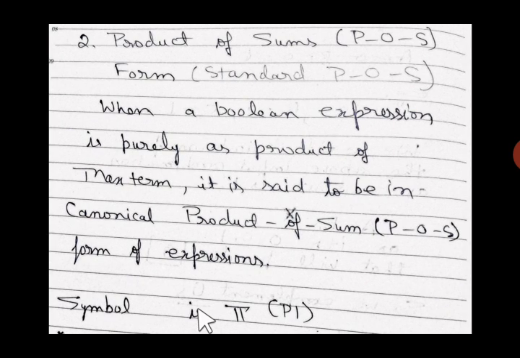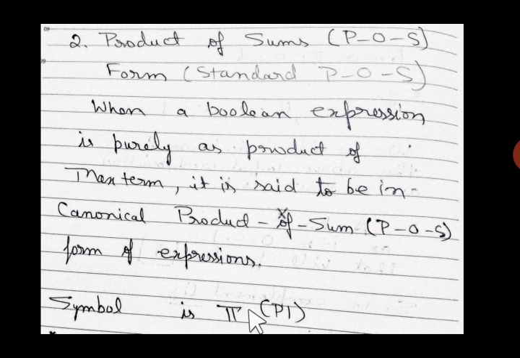Fine. Now the second type of the canonical expression is product of sum or POS, or a better word I always say is standard product of sum. So when a Boolean expression is purely a product of maxterms, it is said to be canonical product of sum. Alright. Now the symbol for the product of sum is pi.